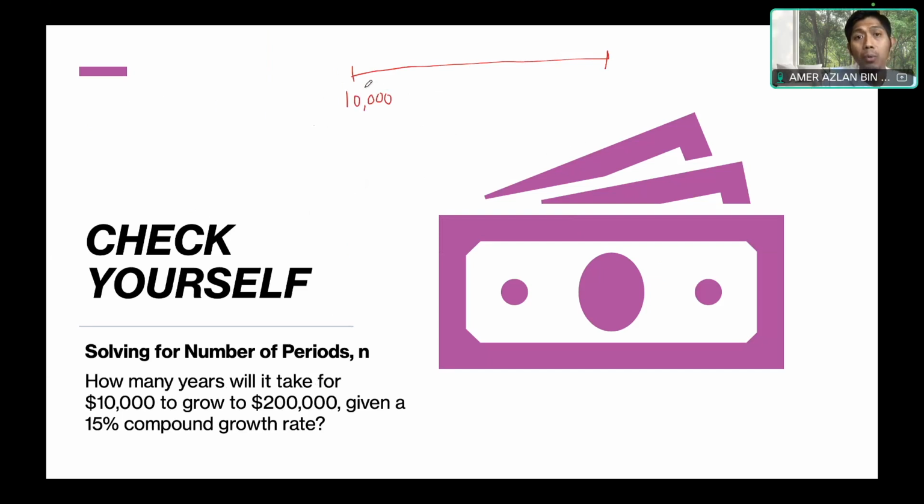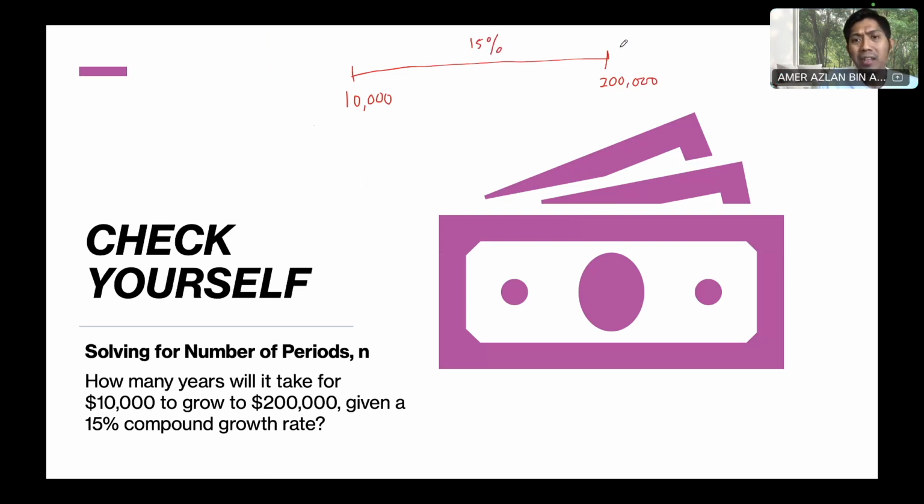Let's say this is your bonus that you receive from your company, or from your family members, and you want this $10,000 to grow to $200,000, and you invest this $10,000 in an account or any investment instruments that could give you a return around 15%.